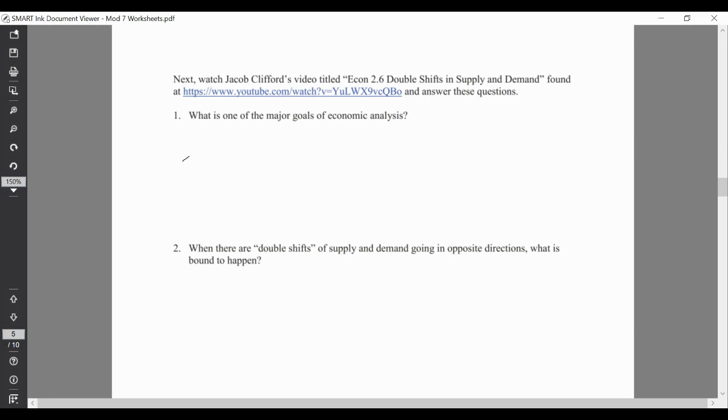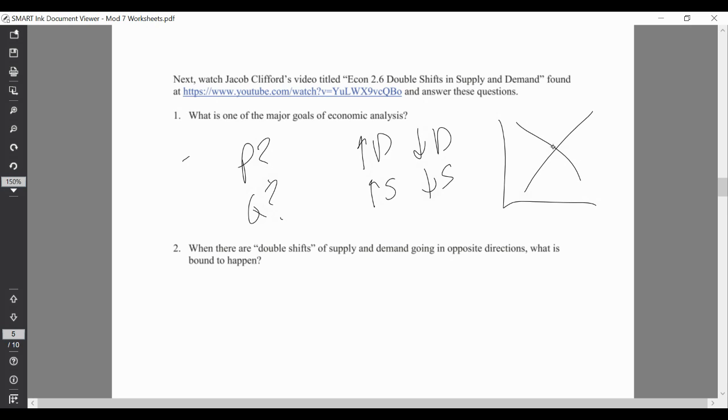Essentially, it's to identify what happens to the equilibrium price and quantity under different conditions. Like if we have an increase in demand or a decrease in demand or an increase in supply or a decrease in supply, what is happening to equilibrium price and equilibrium quantity? That's what we're looking at.